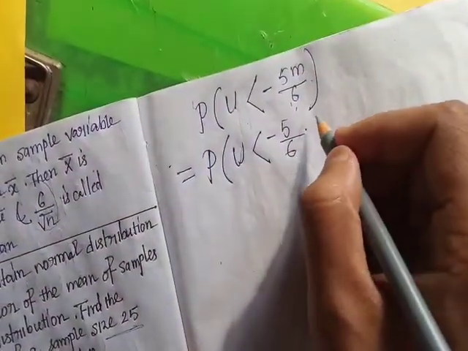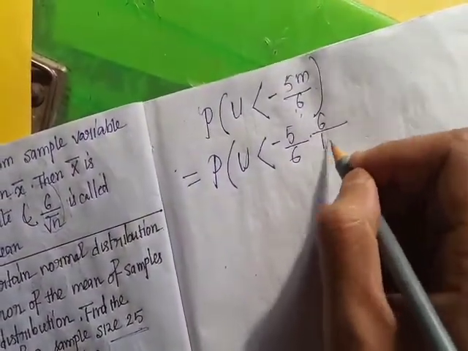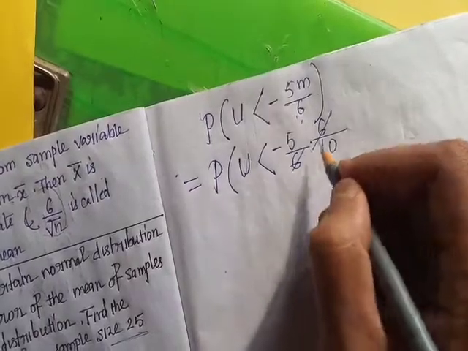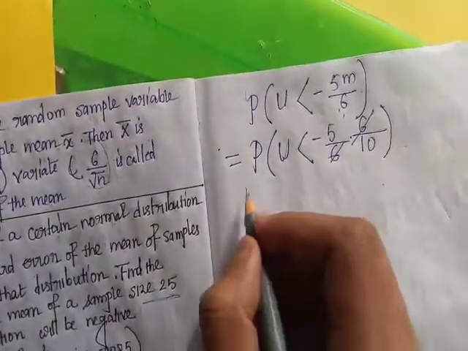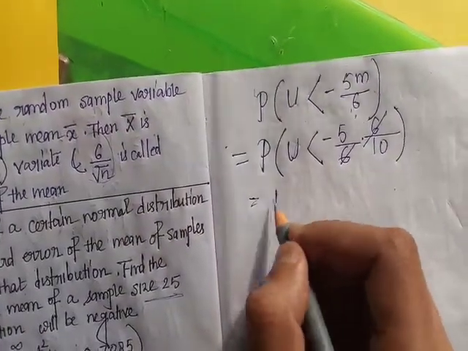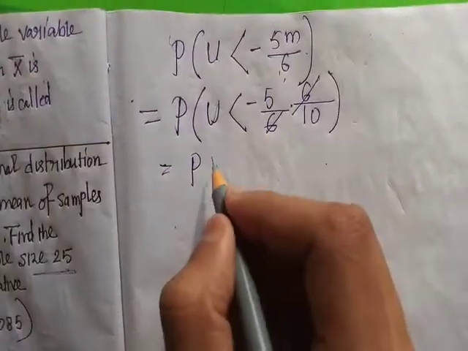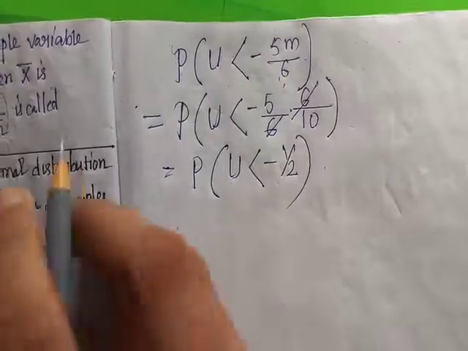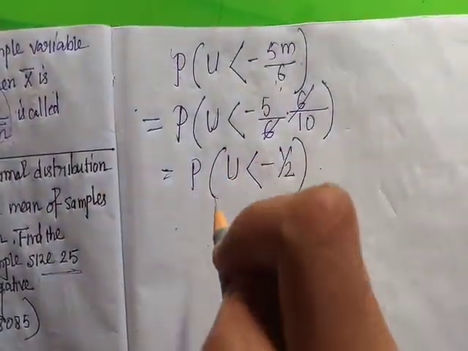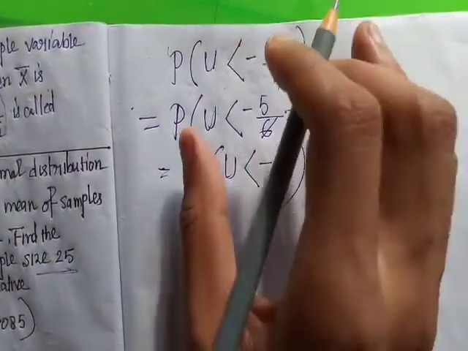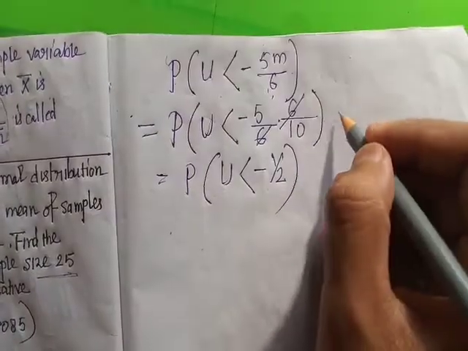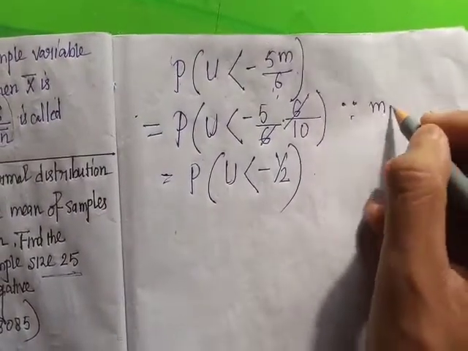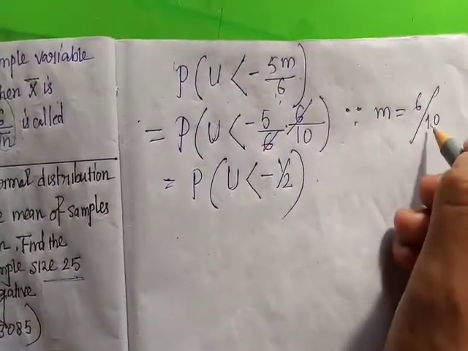Sigma cancels, and the next line is the probability of U less than minus half, since m equals sigma by 10.